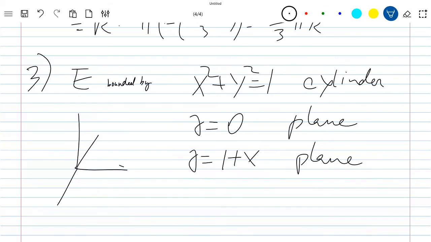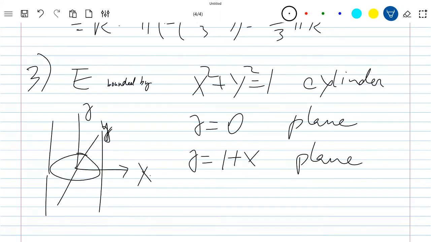Let's say this is x, this is y, sorry, this is y, this is z, this is x. So x squared plus y squared equals 1 is a circle, so it's a cylinder. Z equals 0 is just the xy plane. Z equals 1 plus x is like that. Right? So it's a line.